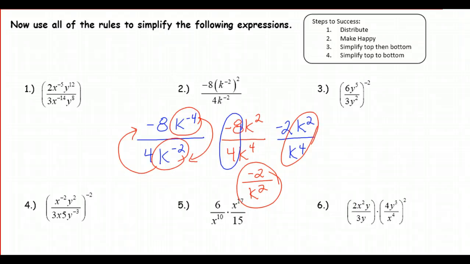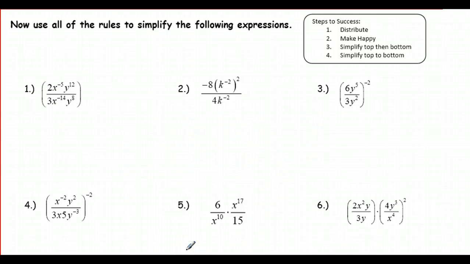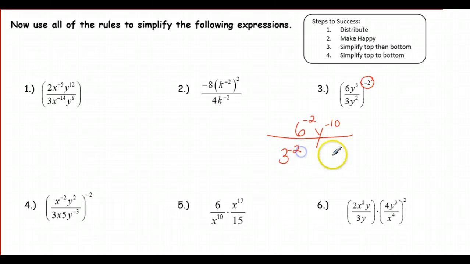First thing here, let's distribute our exponent. So we have 6 to the negative second, y to the negative 10th, all over 3 to the negative second, y to the negative 4th.